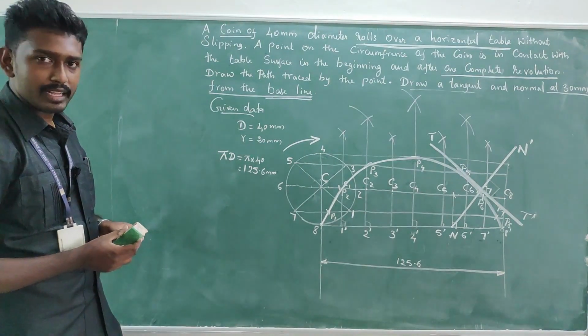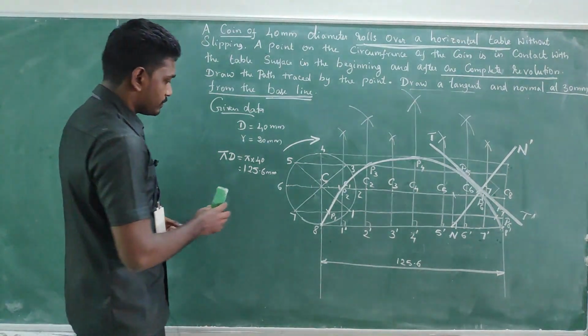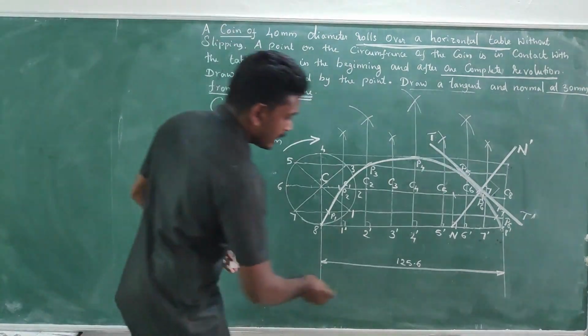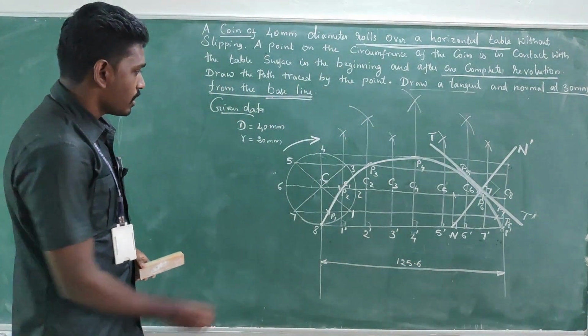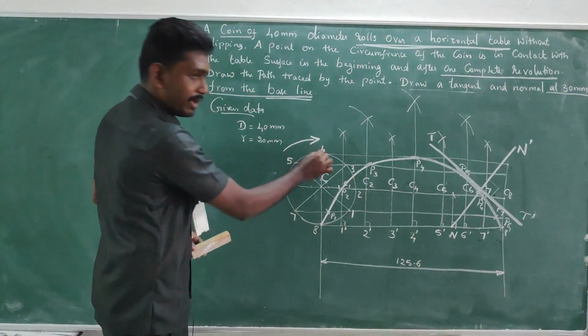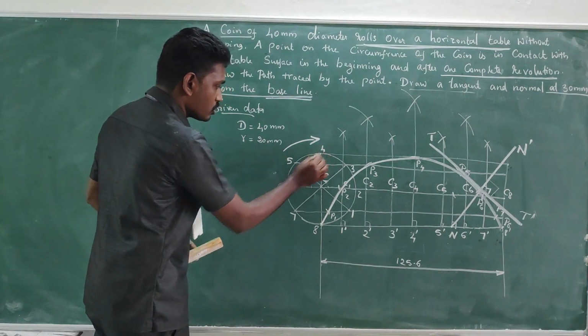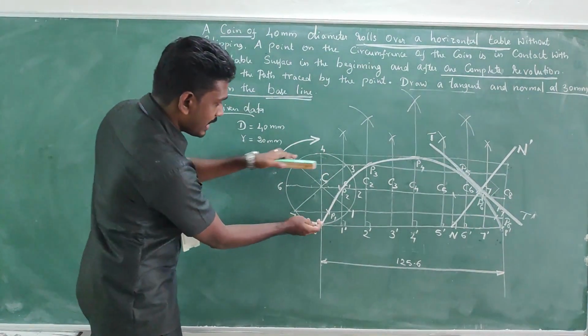Okay, so afterwards we have to do lettering and dimensioning. That's the important work. For that, see, we have mentioned the pi D distance, and next the rolling circle diameter is there, which must also be captured in the diagram. So for that, this is the diameter, right?